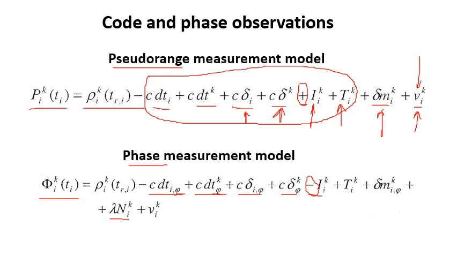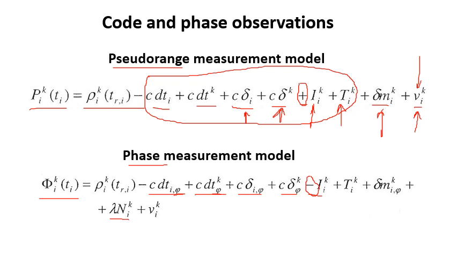At the very beginning of the measurement process, we cannot know the full number of cycles. That's why we call this unknown. We must model this, and this unknown is called ambiguity, or integer ambiguity, and its resolution is important for phase measurement.